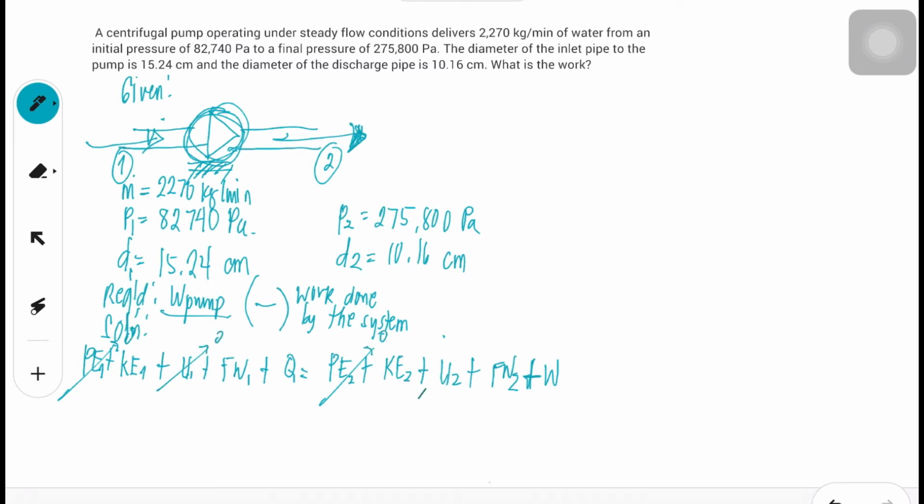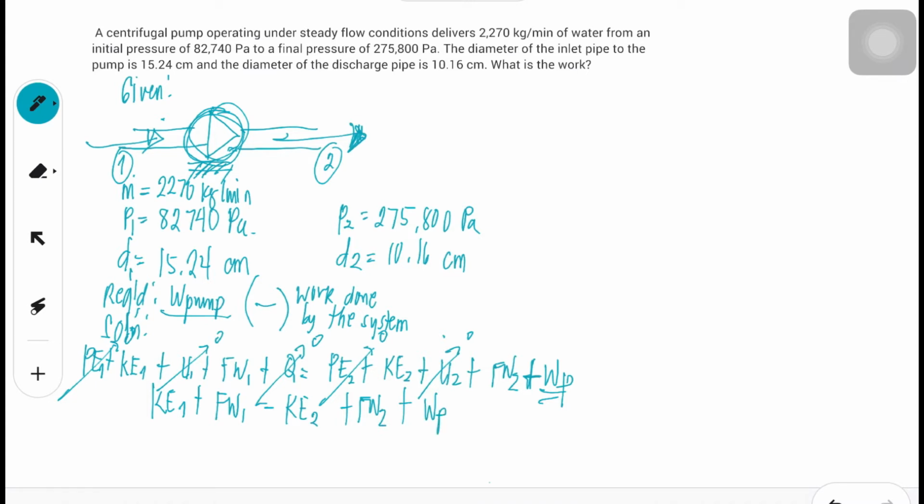Internal energy, there is nothing to discuss, so there is also no heat, because it is a pump. We only have the work of the pump. In computing for this, the kinetic energy at point 1 plus flow work at point 1 is equal to kinetic energy at point 2 plus flow work at point 2 plus the work of the pump.